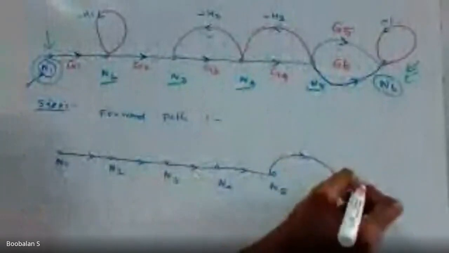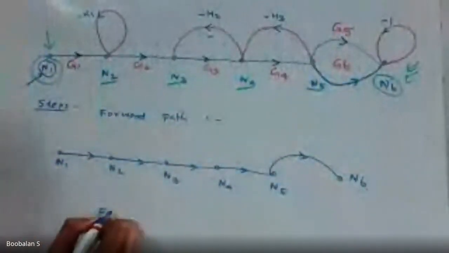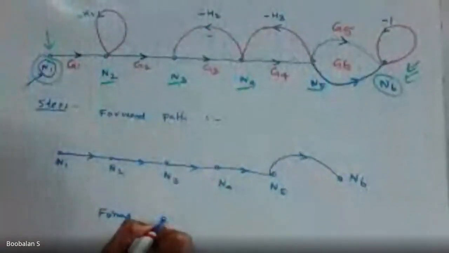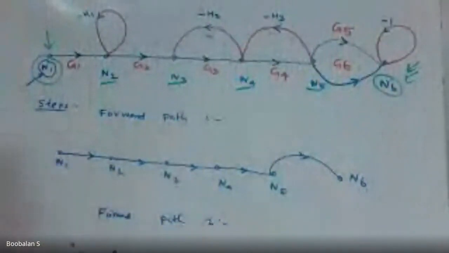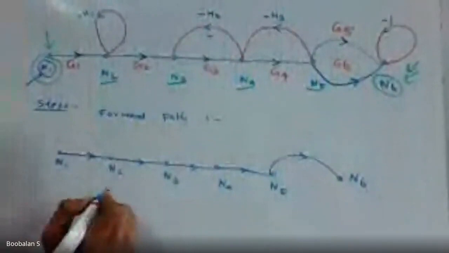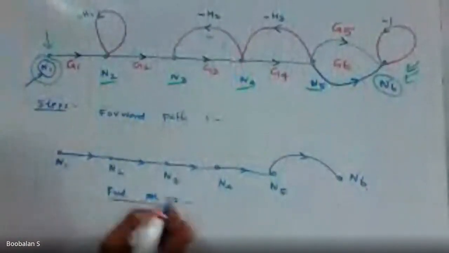This is my forward path 1. The same way, for forward path 2 we need to draw it. How many forward paths are in this problem? Two. So I draw them individually: forward path 1, forward path 2. Both are individual.